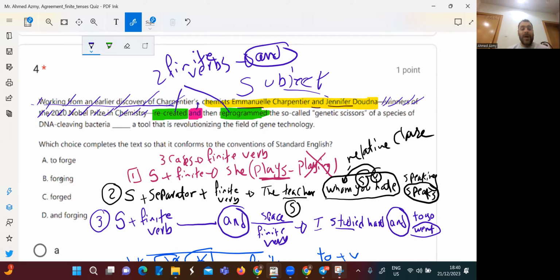Two. When will we choose ing? If there had been a comma after bacteria, we would have chosen non-finite ing. But there is no comma here, so I'll choose the non-finite to. Look, the meaning is very important. Recreated and reprogrammed whatever, to.